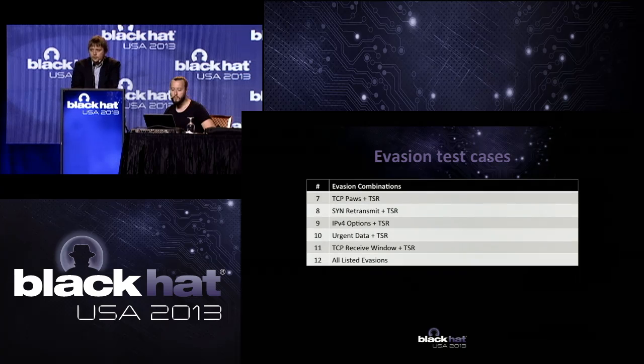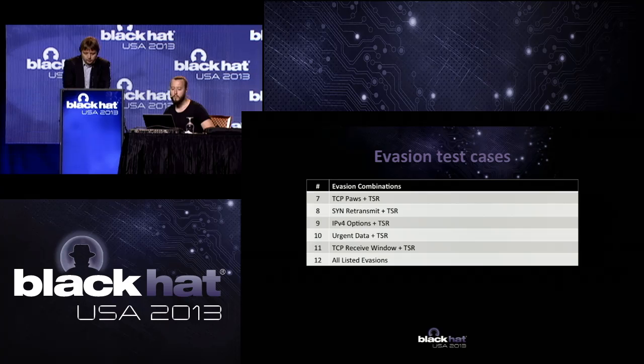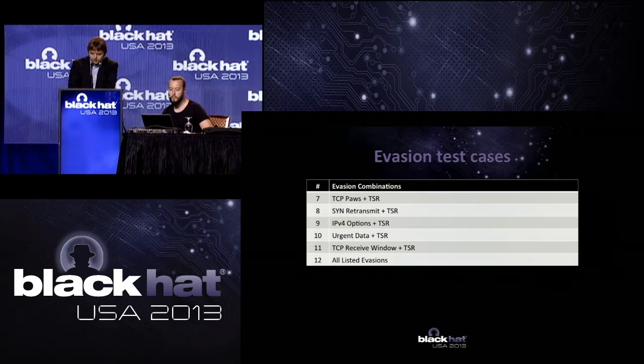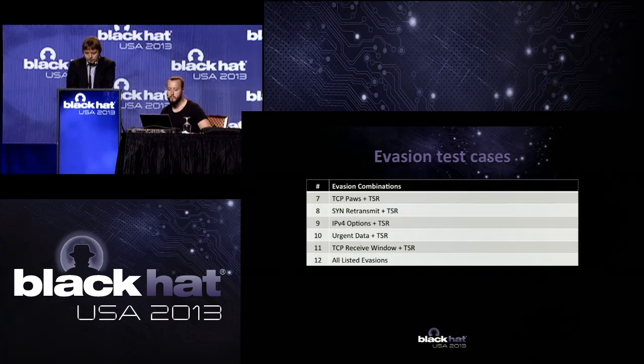So we used the same evasions again, but also used small TCP segmentation and reordering. So it's a combination of multiple evasion techniques. And then we also did these stages. We also changed the evasions on different stages of the attack.